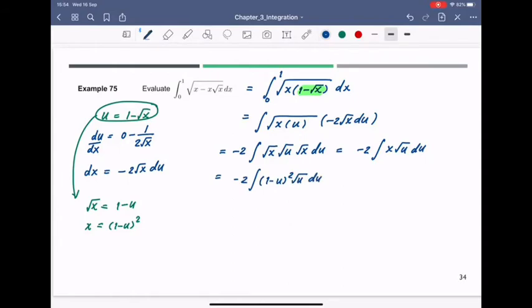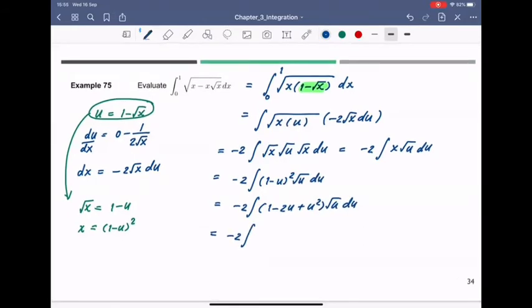I like it because after I expand that, I'm going to get 1 minus 2u plus u squared, and then square root u du. And then if I expand everything, I'm going to get u to the 1/2, right? Because square root u is u to the 1/2.